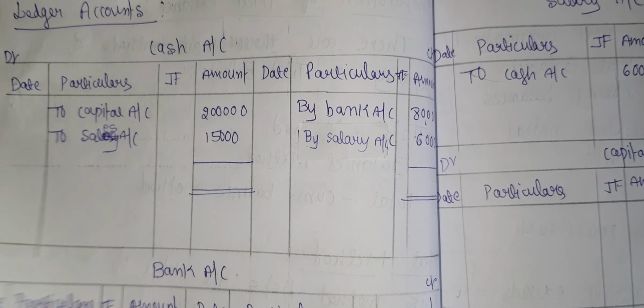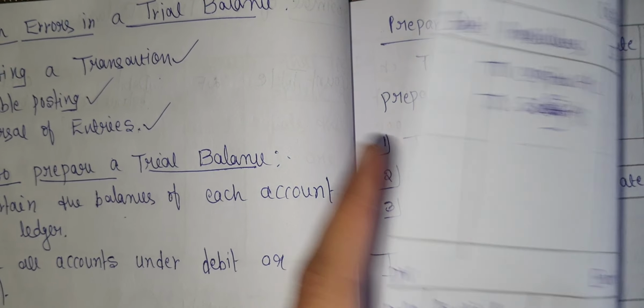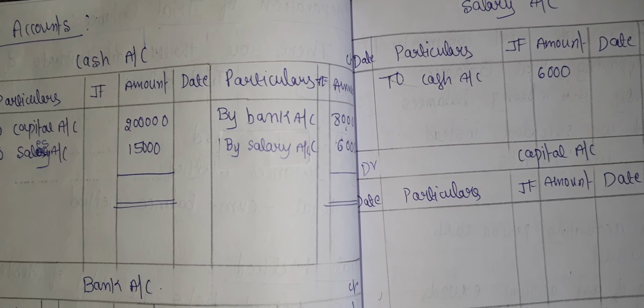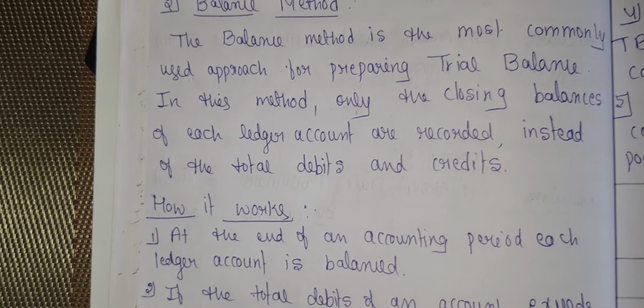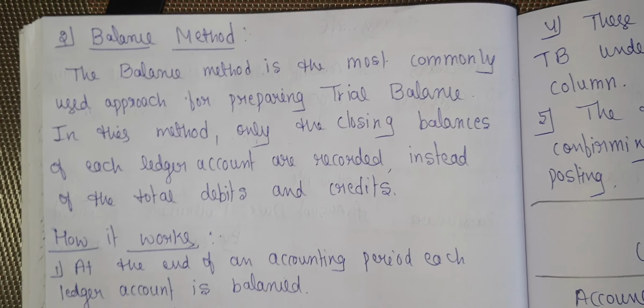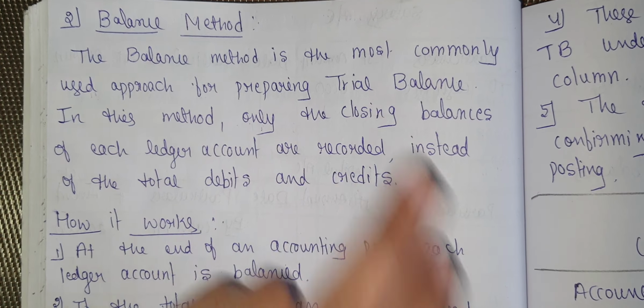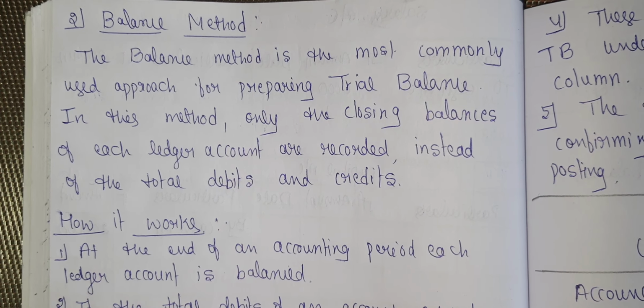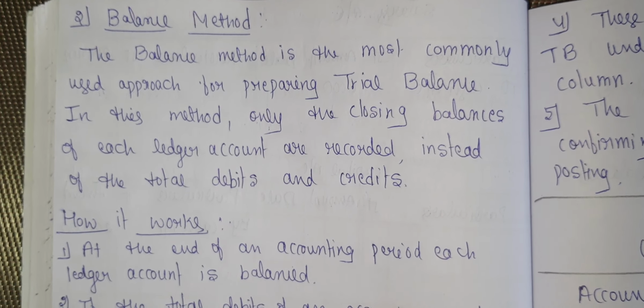Now we will move to the next method, that is the balance method. What does it mean? The balance method is the most commonly used approach for preparing the trial balance. Means in the trial balance we will use the balance method in most of the cases.